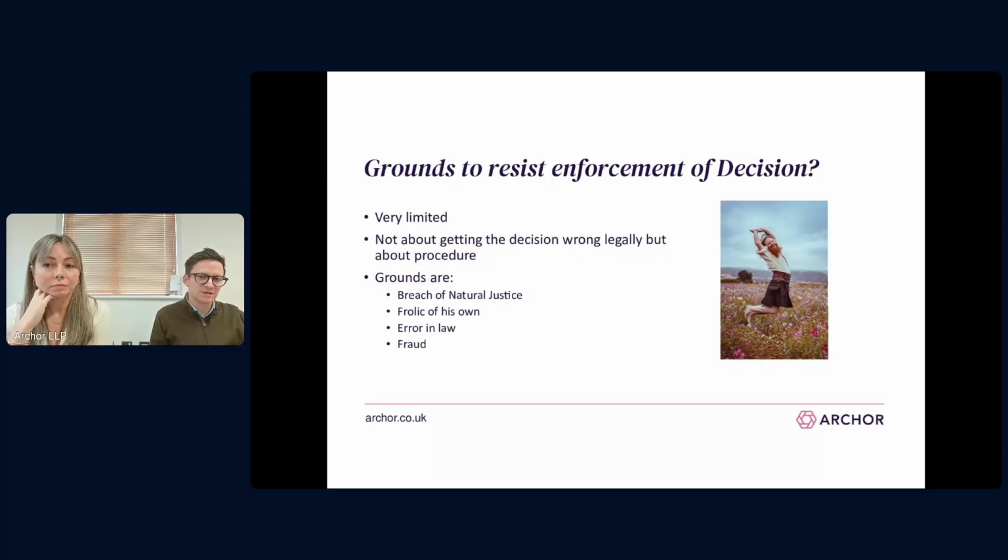Something that isn't necessarily mentioned on the slide is there's been a string of cases over the last few years about insolvent companies looking to enforce adjudication decisions. It's acceptable in principle, but there are fairly tight restrictions on it. One, the decision needs to deal with the overall net position between the parties, so effectively a final account decision, assuming that there's only one contract between them at the time.